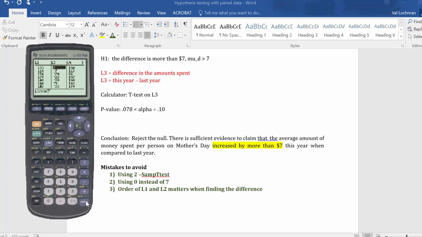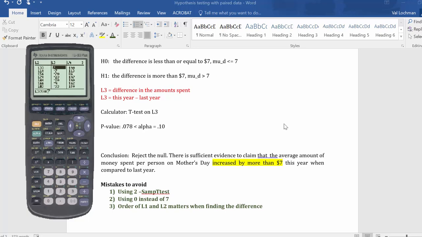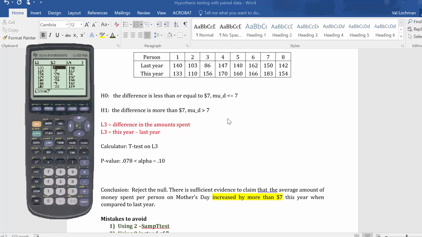Okay, so now what I'm getting is all of these negatives, right? Which, if you look at your alternative hypothesis, this doesn't even make sense, because the alternative hypothesis says on average the difference is greater than 7, while almost all of your numbers are negative. So you don't even have any grounds to run this hypothesis testing.